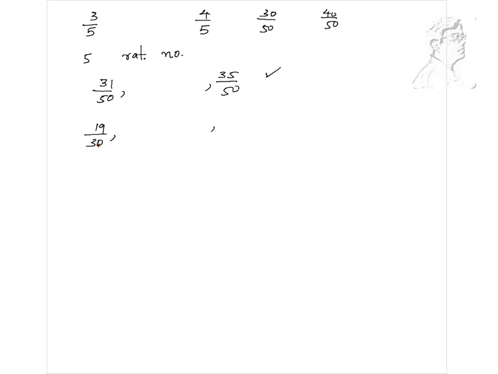I multiplied it by 6 just to get a closer answer. Okay, you multiplied by 6. 6 times 4, 24 by 30. So this is also perfect. 19 by 30, 20 by 30, 21 by 30 and so on. There can be various approaches. Any questions? Let me know.